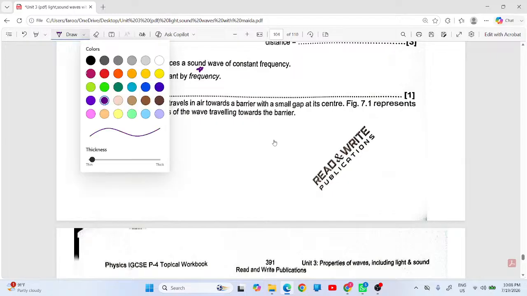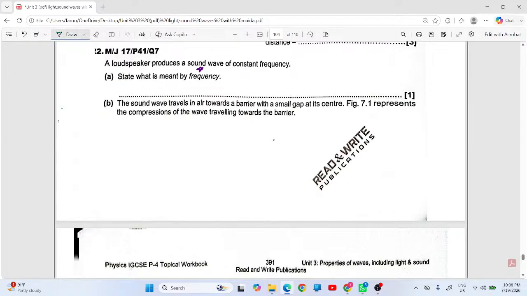Frequency का क्या मतलब होता है? सर जितनी वेव फ्रंट्स गुजरेंगी 1 सेकंड में. हाँ, the number of wave fronts passing through a point per unit time.